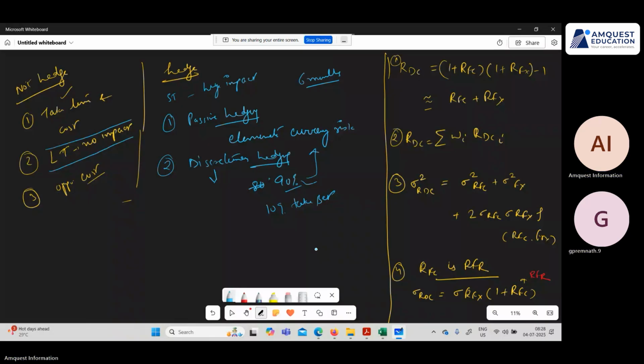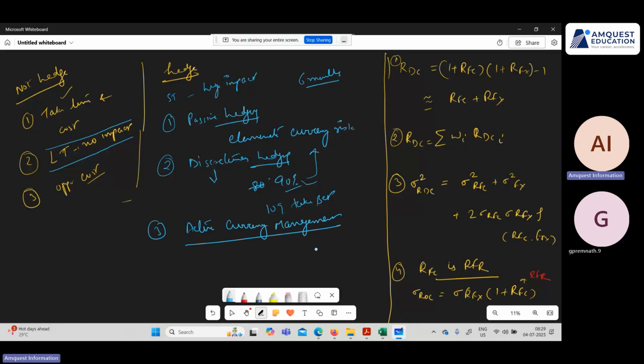Got it. Right? And third is active currency management. Again, the name says that you are actively managing.